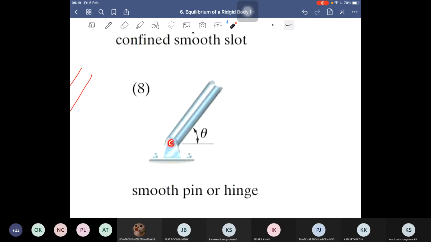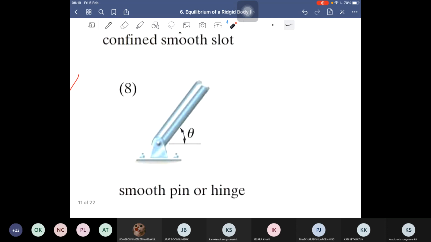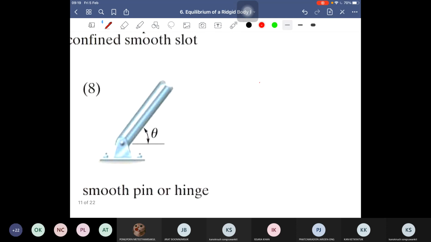Again, you can see that on this pin, this slot still moves in rotation. So it can prevent only the translation, but the translation can be along the X or Y axis. So it has two reaction force components. In the free body diagram of this type of support, we have Fy and Fx.